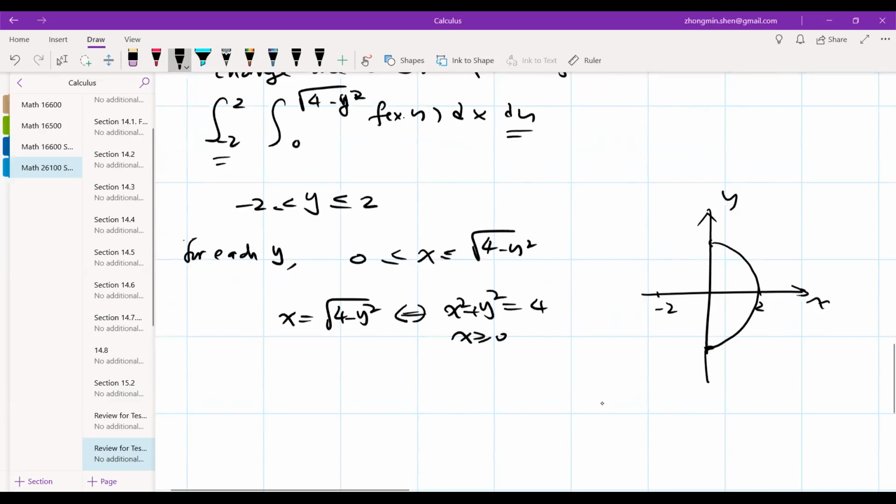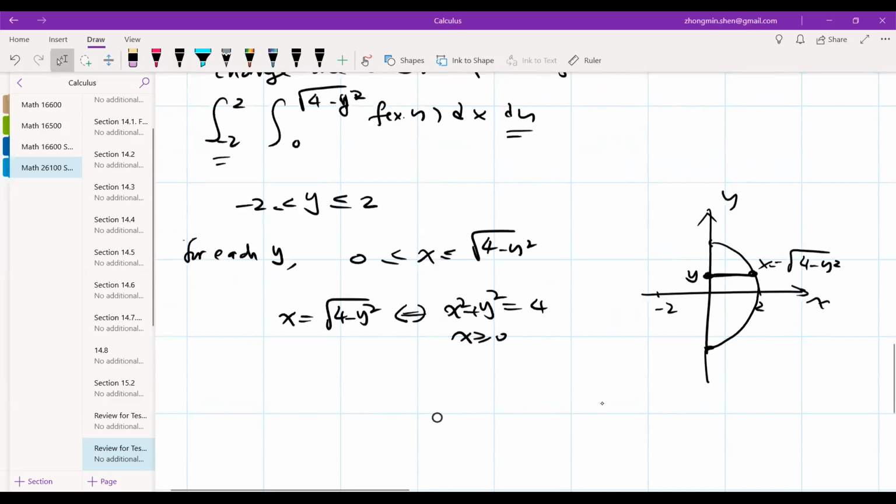What I'm doing here is, for a fixed y, I look at the horizontal line. So x is between 0 and the x value of that point, which is determined by the square root of 4 minus y squared.